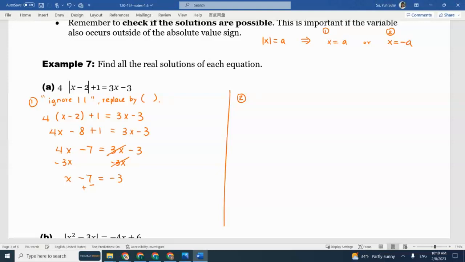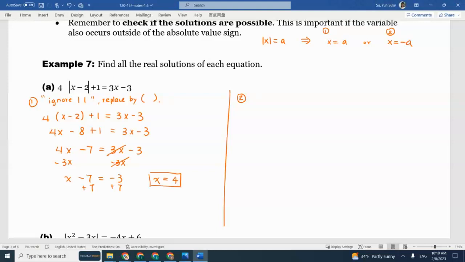Add 3, add 7, right? Yes. Then we get x equals what? Negative 3 plus 7 is 4. Right, everybody? Okay. So this is the first case. Just the absolute value of x minus 2 is x minus 2. And let's do the second case. And then we do the check finally.